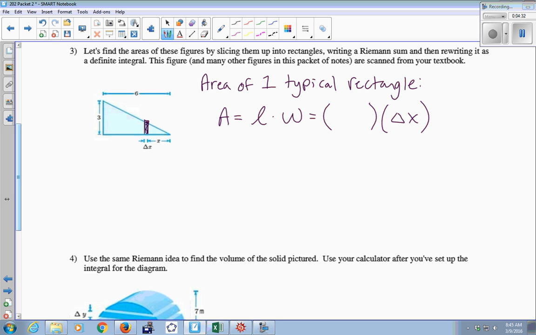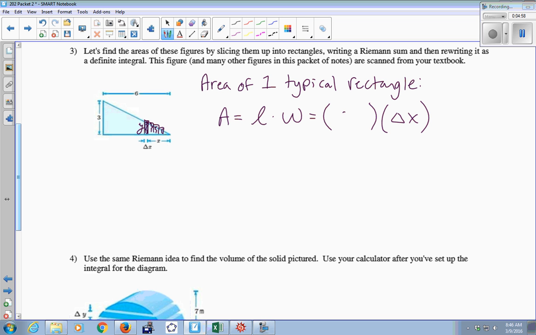So the length we could also think of as the height of this rectangle. Now, all these rectangles that I'm going to draw along here have different heights, right? It varies. I've already defined a variable x to be the distance along my base. So if I called this y, that could represent the varying height of my rectangles. I have to call it a letter because it's varying.